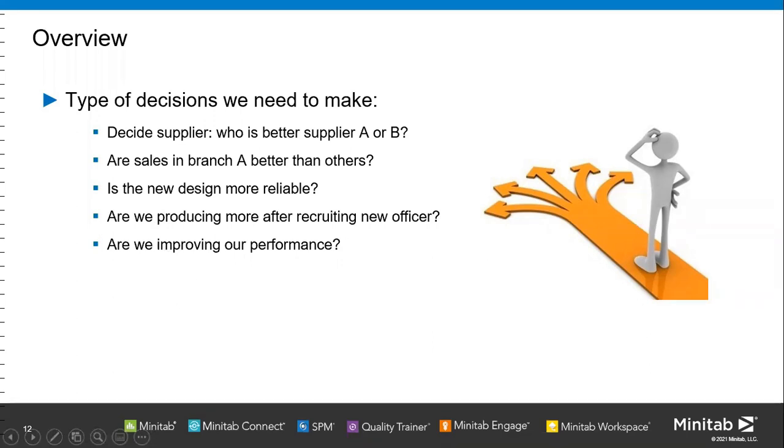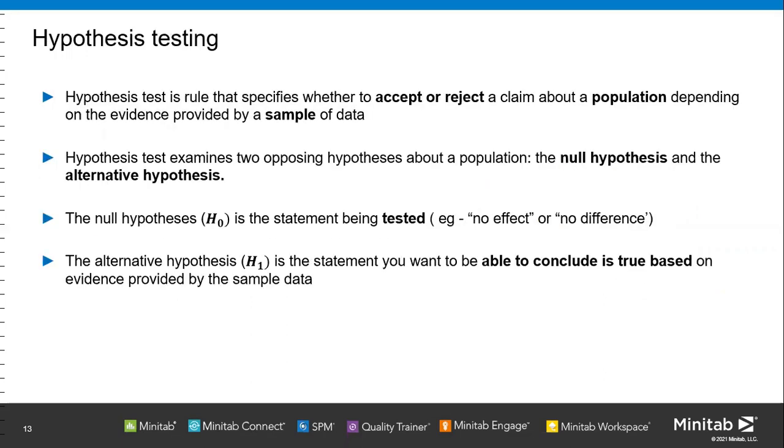Okay, so if you have this kind of decision to make, probably you can use hypothesis testing. Hypothesis testing is a rule that specifies whether you want to accept or reject a claim about a population depending on the evidence provided by a sample of the data set.